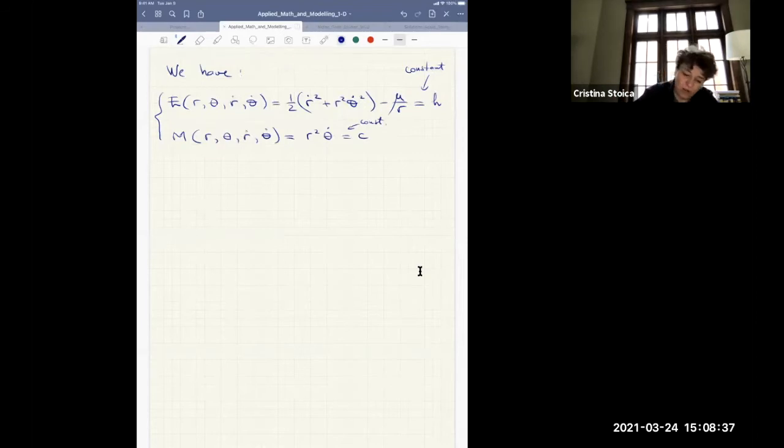From this one, we can say theta dot can be substituted in this way. It doesn't really matter if c is 0 or not, because I'm not dividing by c. Which means that I can take it now and go with it there.